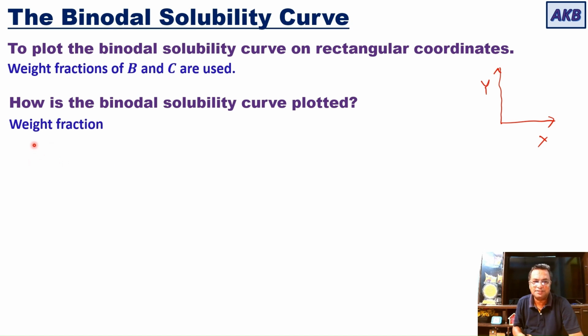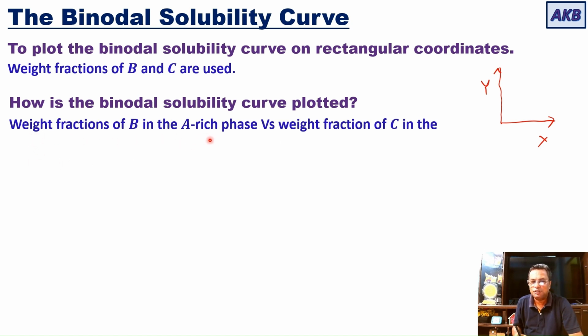Let us understand. Weight fraction of B in the A rich phase is plotted against weight fraction of C in the A rich phase. So how are we going to plot the binodal solubility curve?